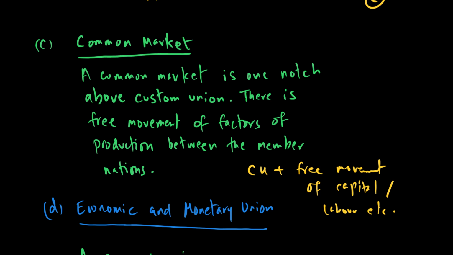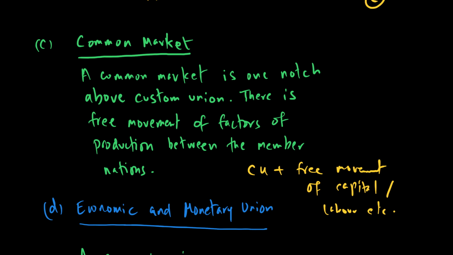For example, if Spain and Italy decide to form a common market, then people in Spain can easily work in Italy without any permit. And similarly, people can easily invest in one country or another, or set up factories without any restrictions.